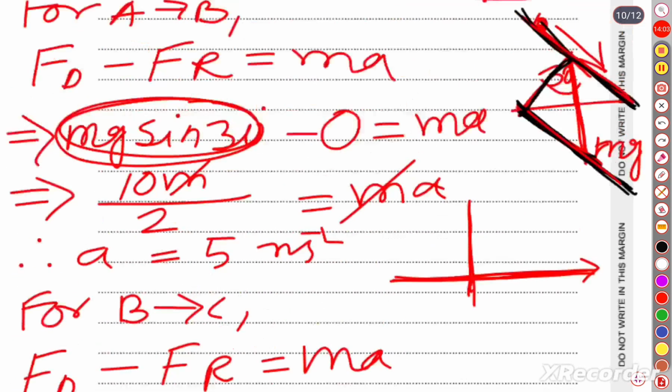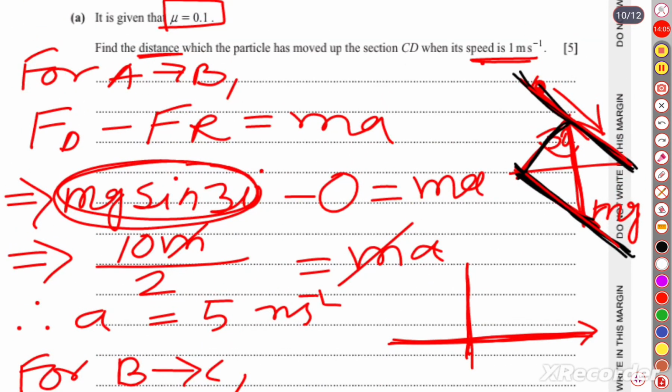Let me show you, for this line we considered mg sin 30. Definitely for this line, because the normal reaction acts vertically upwards, the vertical line is now the adjacent line. It is no more the vertical line, this is the horizontal line. So for the horizontal line, how can we find it?